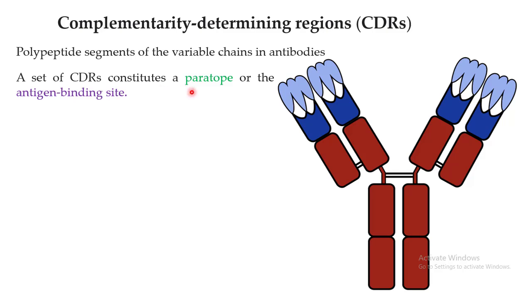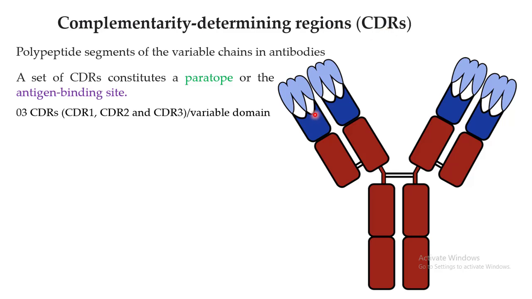So whenever you see a paratope or the antigen binding site or the CDRs, you are actually talking about the part of the antibody that is responsible for interacting with a particular antigen. Now, there are three CDRs per variable domain.